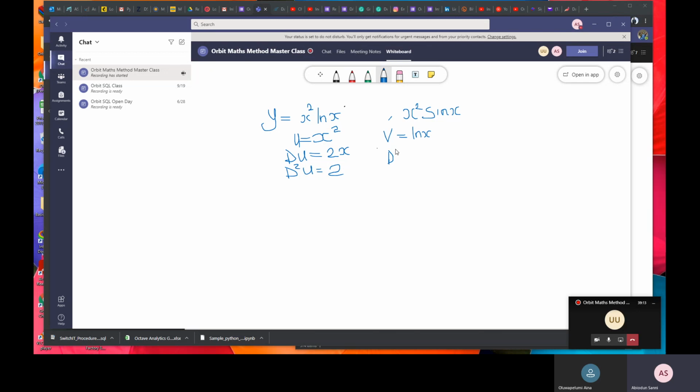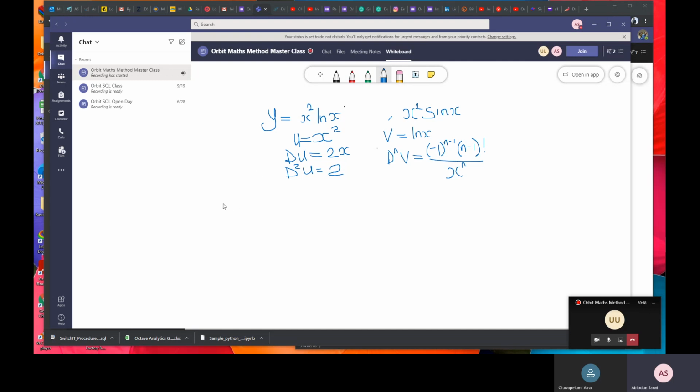So my d^n v is going to be, as we already found out, minus 1 to the power n minus 1 times n minus 1 factorial over x to the power n.